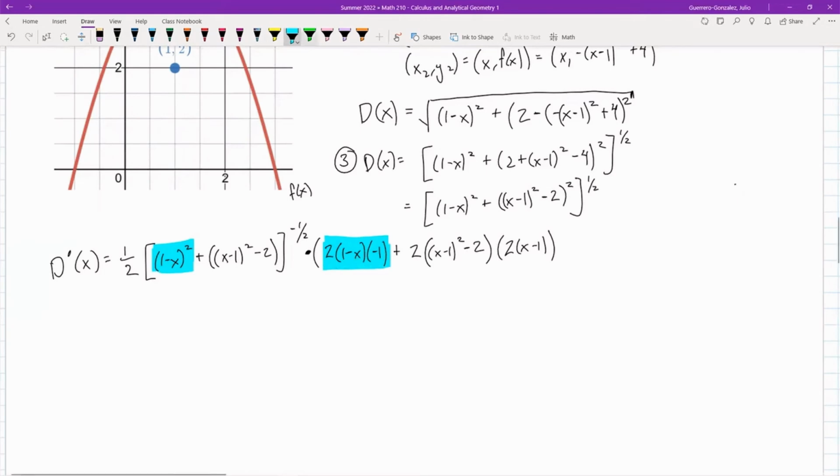Plus the derivative of this, and I forgot to square something here. The derivative of this thing in the pink is another chain rule. So I get to drop this down, leaving the inside by itself, times the derivative of the inside. So it's going to be 2 drops times x minus 1 times 1. So this is the derivative of that second portion of the inside.